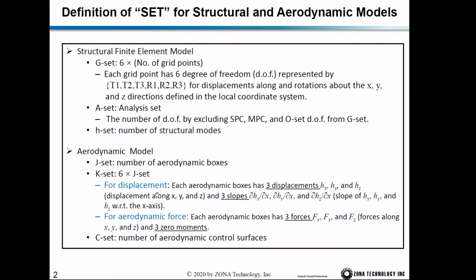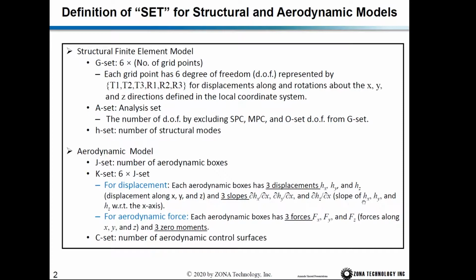For displacement, each aerodynamic panel has 3 displacements, in terms of hx, hy, and hz, which are the displacements along the X, Y, and Z directions. And the 3 slopes are partial hx by partial x, partial hy by partial x, and partial hz by partial x.